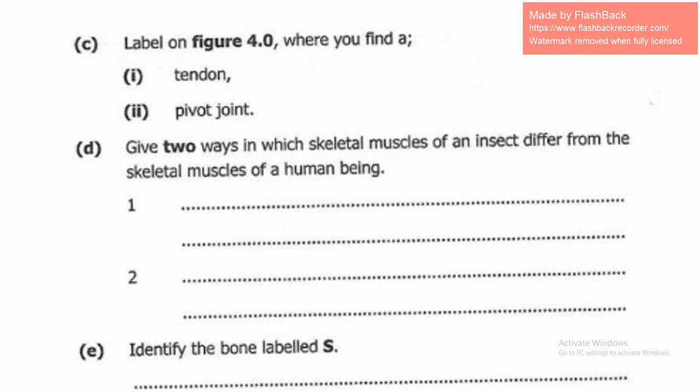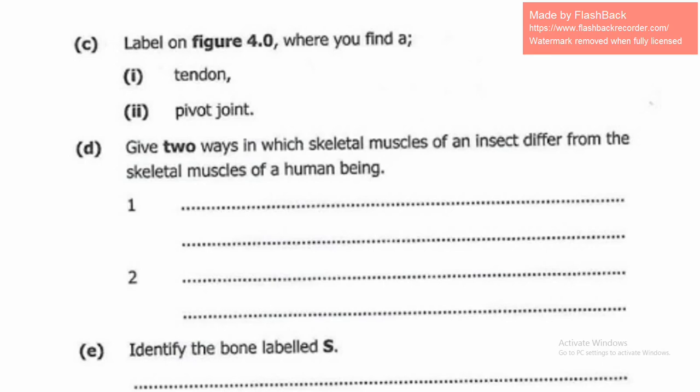Okay, so the difference is that in humans it is endoskeleton. Then in insects it is exo. Let's look at a very good example of an insect. Okay, a very good example is a grasshopper.